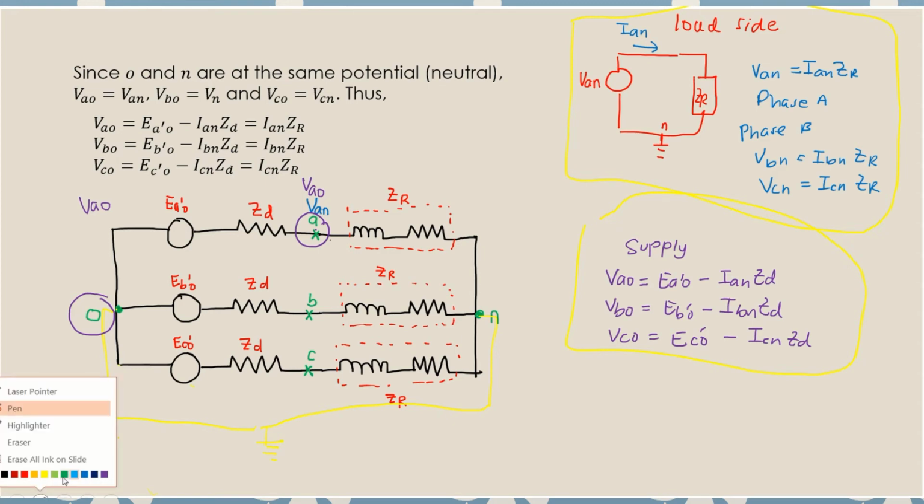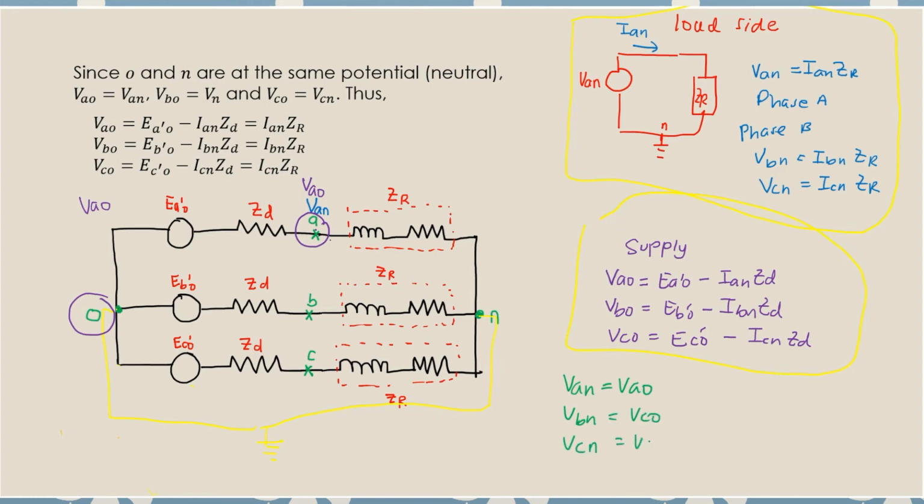Let's change the color to green. So VAN equals VAO, VBN equals VBO, and VCN equals VCO.